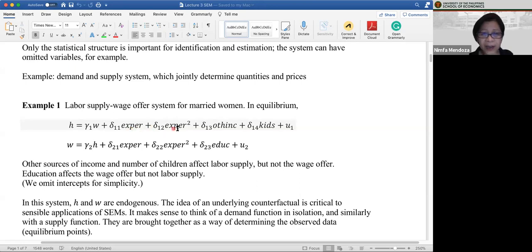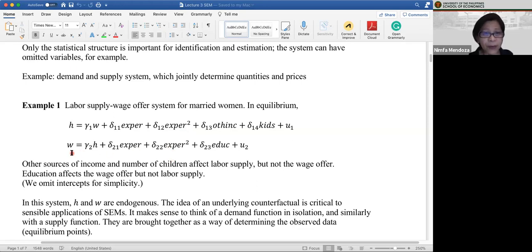Then we have the other control variables: experience squared, other income, and number of children, kids. Okay. So this squared term is not a problem, right? You just treat that as any other exogenous variable. Okay.